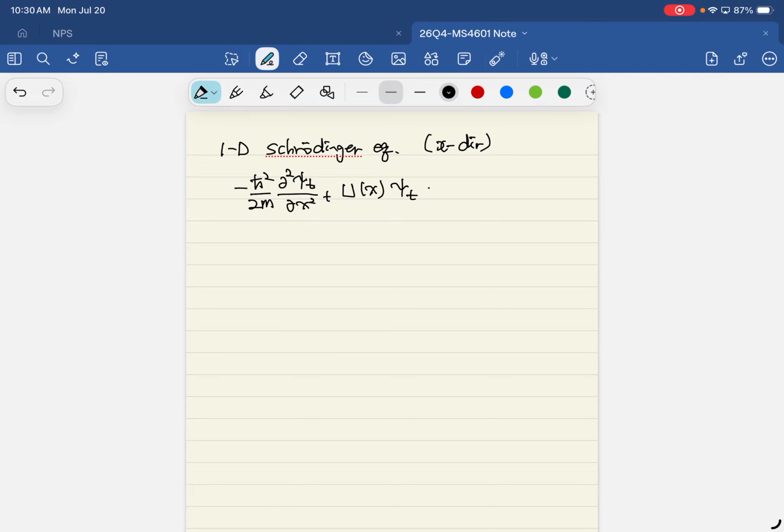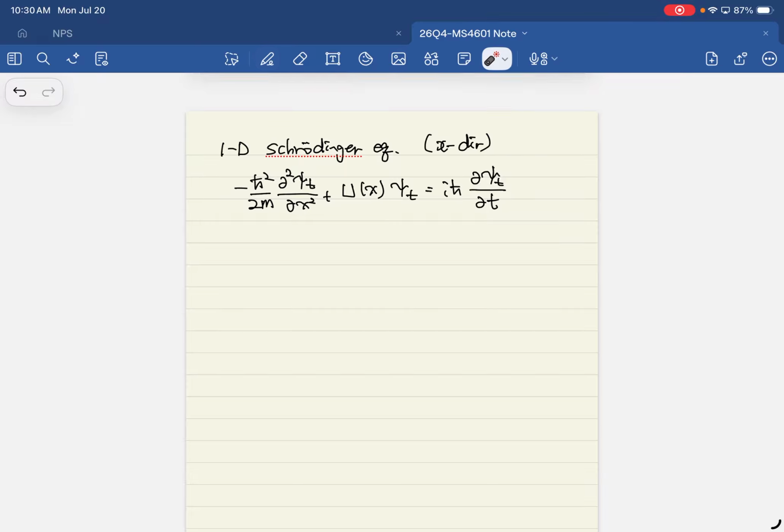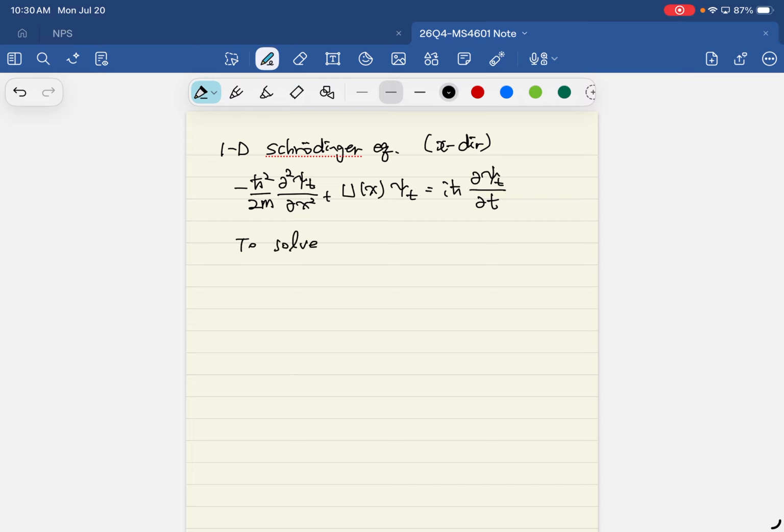And psi t equals i h bar dou psi t over dou time. Okay? So like we have to solve this Schrodinger equation to obtain this psi t, right? So, as you know, to solve a differential equation, generally, you have to guess a solution form.